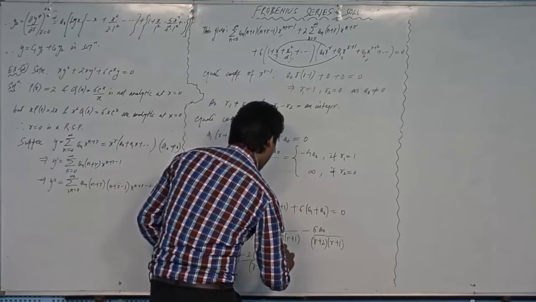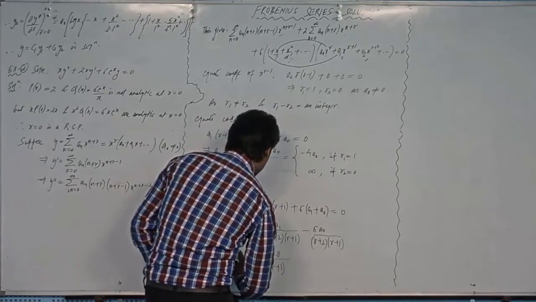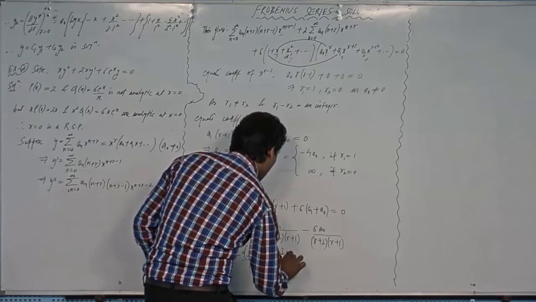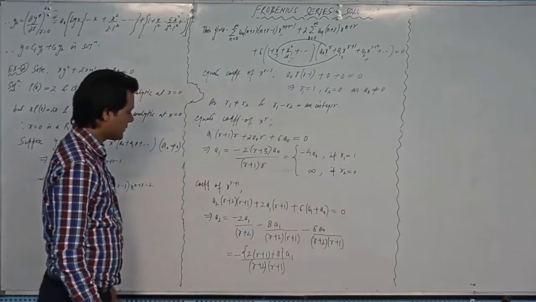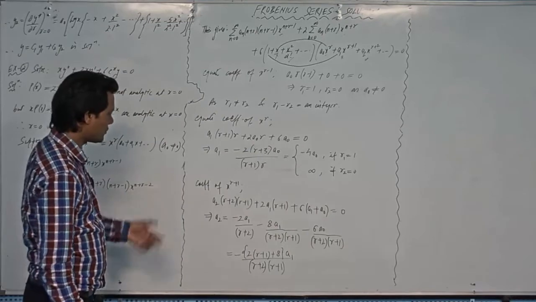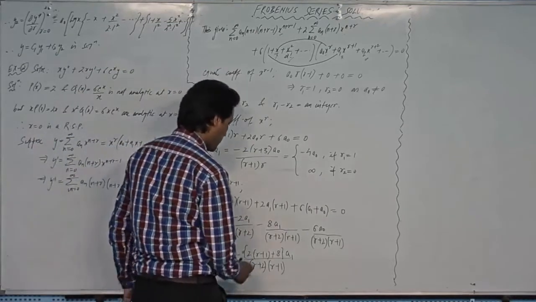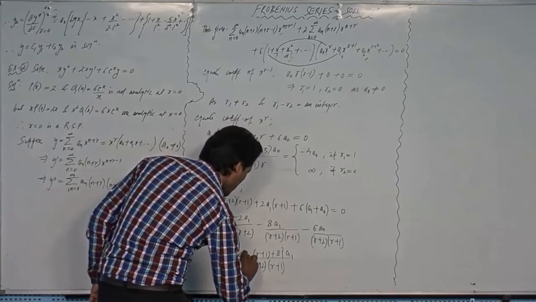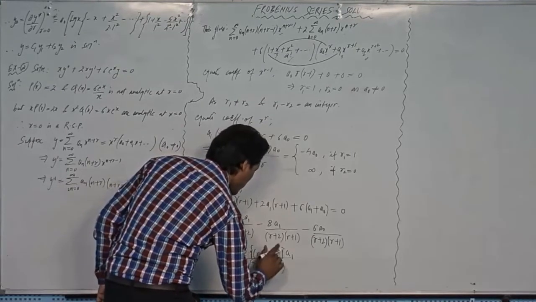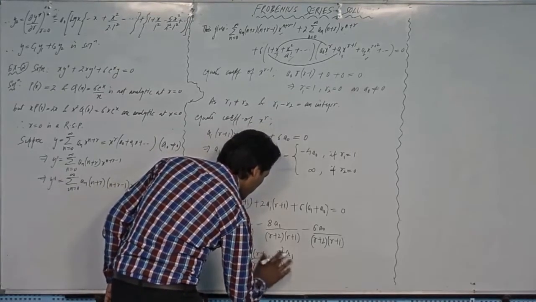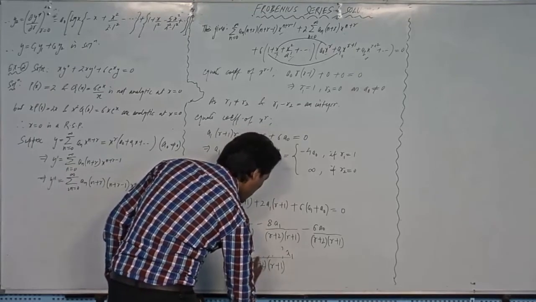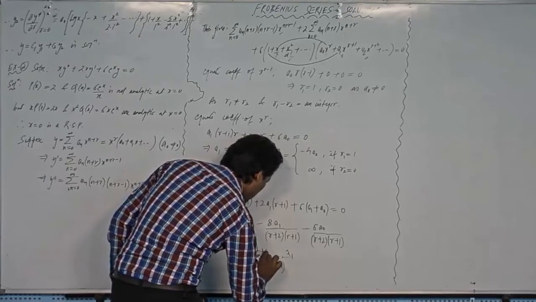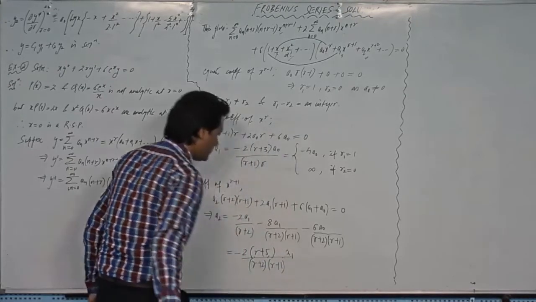Okay, and I should take minus outside, a1, right? Minus common and 2 outside. Should I take 2 outside also? If you take 2 outside, you are getting 2 here, 4 here, and then r plus 5. So on simplification you are getting r plus 5 in the numerator.